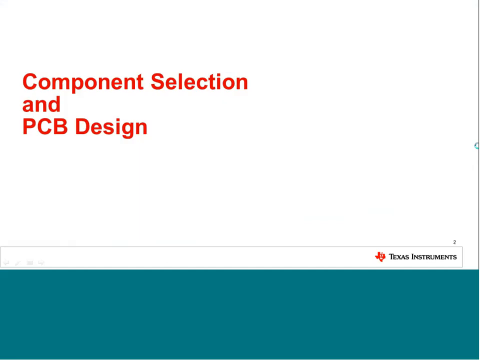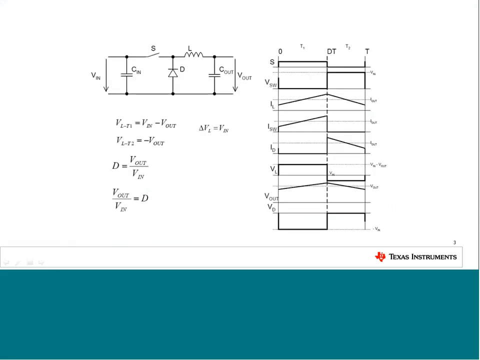The first part of this presentation is about component selection and PCB design. Most DC-DC converters are step-down converters as shown here, with the basic circuit consisting of an active switch, which is S in this example, a passive switch, drawn as a diode, and an inductor.